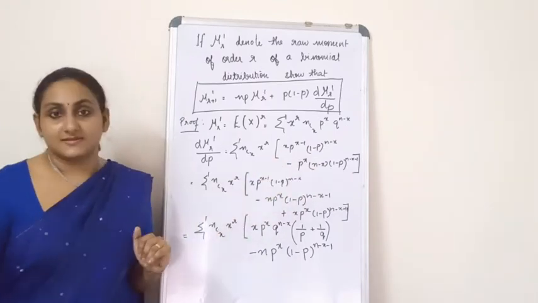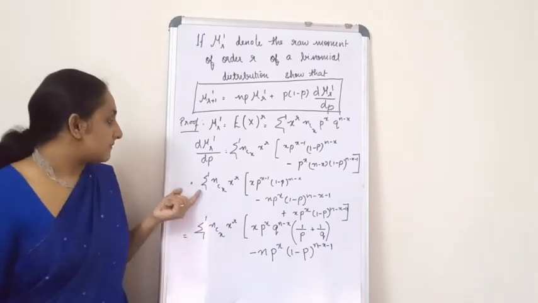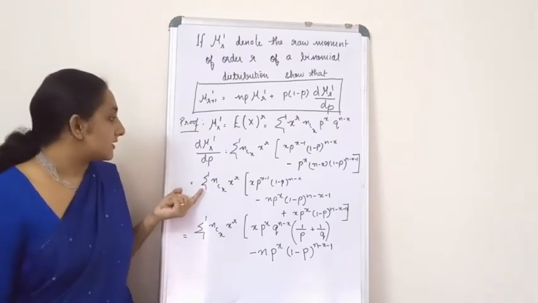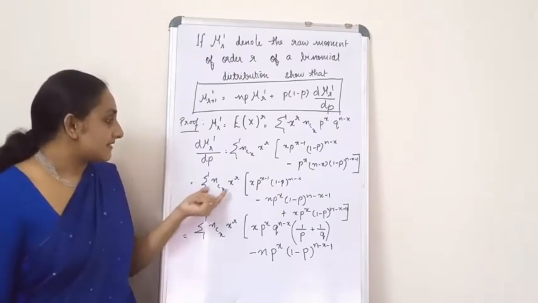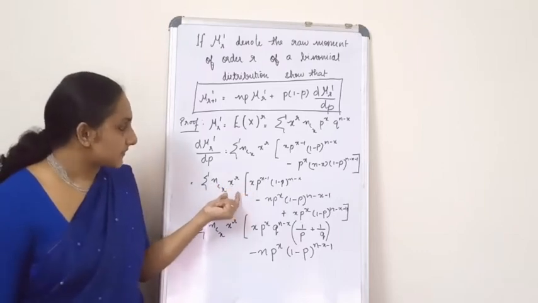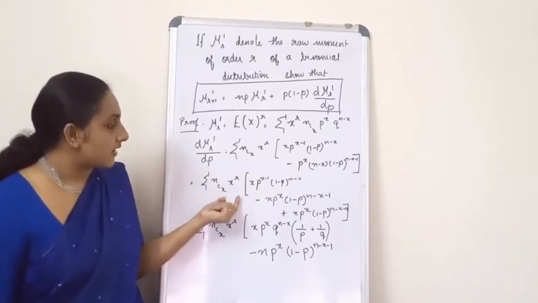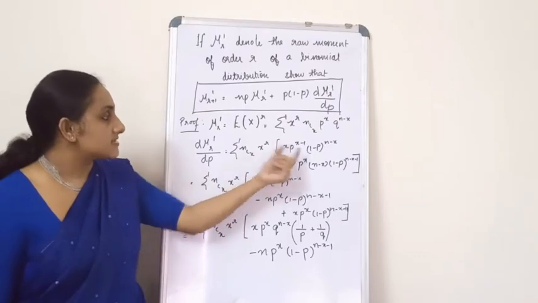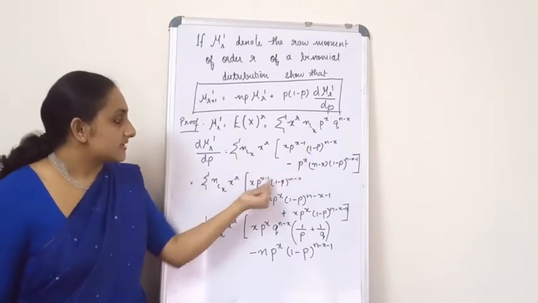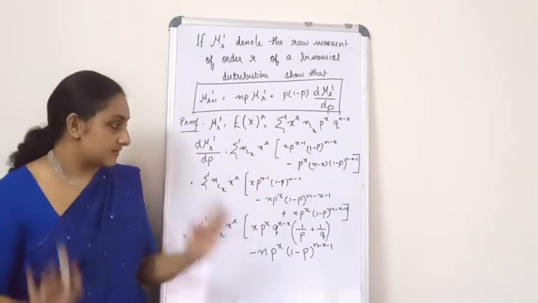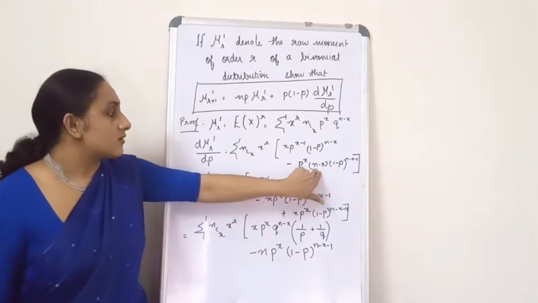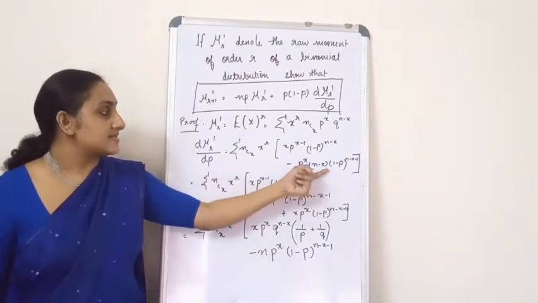So this is it. Then in the next step, what you are going to do is summation nCx (x minus np) raised to r in the brackets. What you get is you take this first term, keep it as it is, don't touch it for the time being. Now you are going to expand this second term.